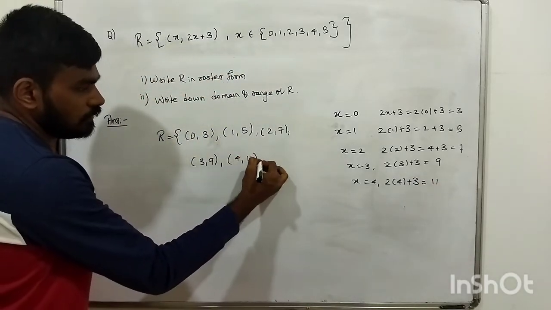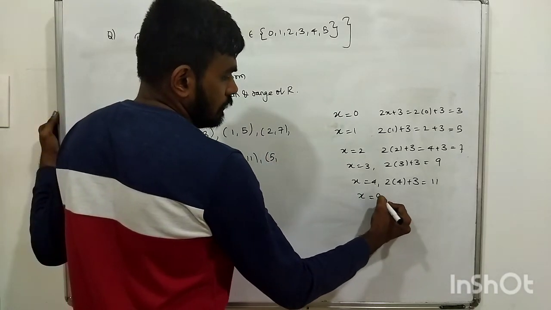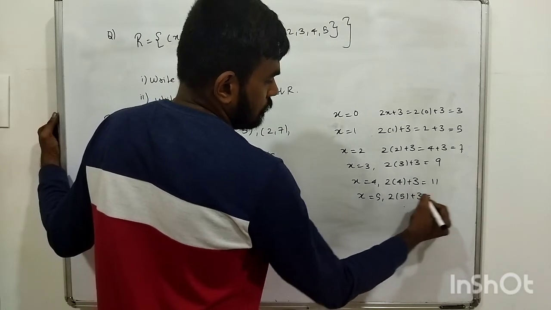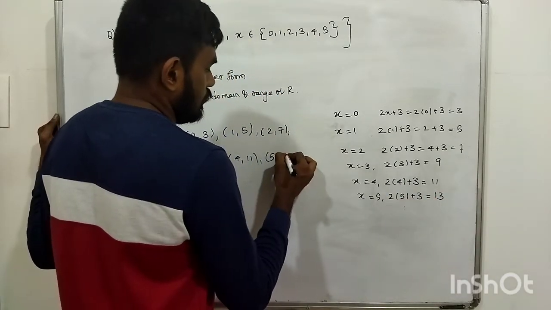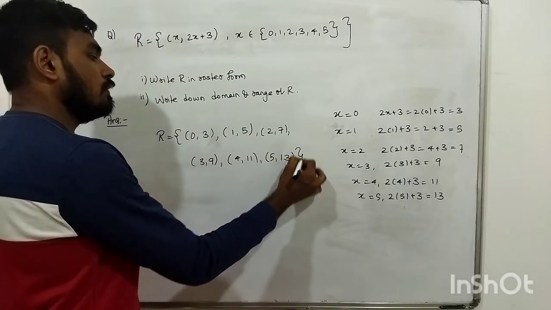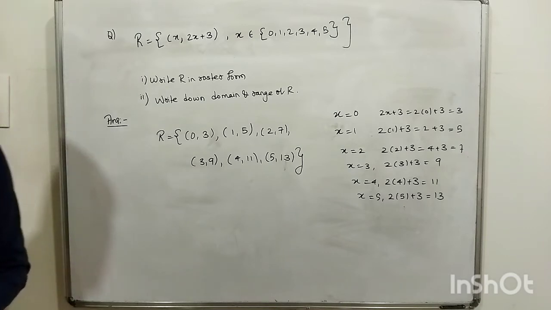And when x is equal to 5, it will be 2 into 5 plus 3, which is 13. Done. So 0, 3, 1, 5, 2, 7, 3, 9, 4, 11, 5, 13.